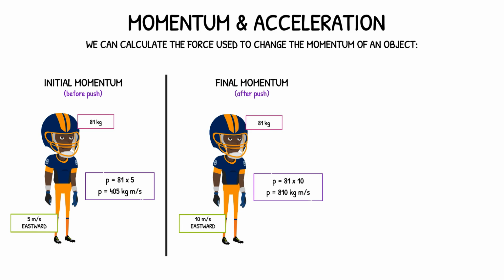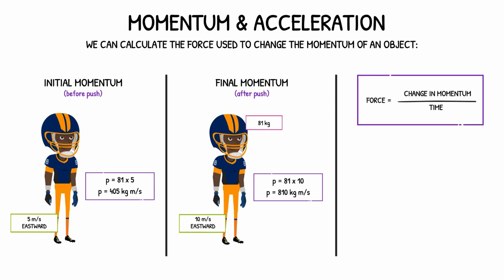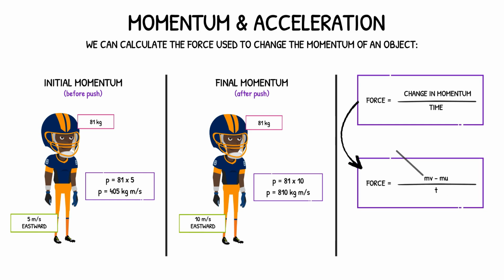To find the force used to increase his momentum from 405 kilogram meters per second to 810 kilogram meters per second, we must divide his change in momentum by the time taken to change his velocity. This formula can also be written like this, where M represents mass, V represents final velocity, U represents initial velocity, and T represents time.